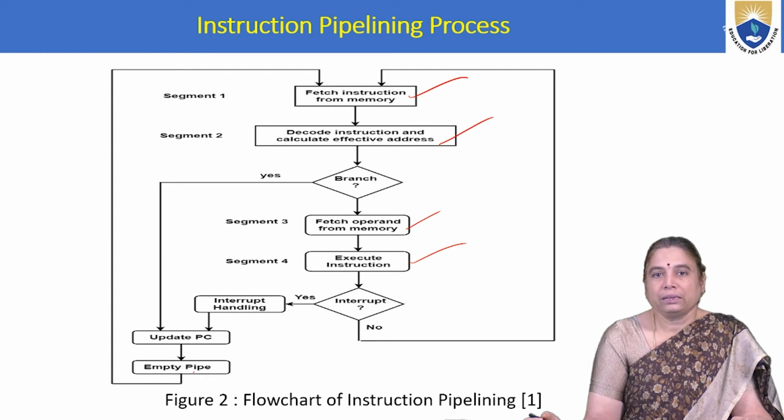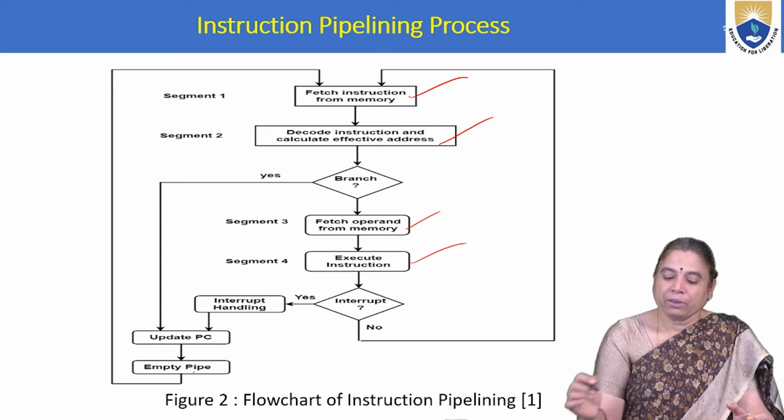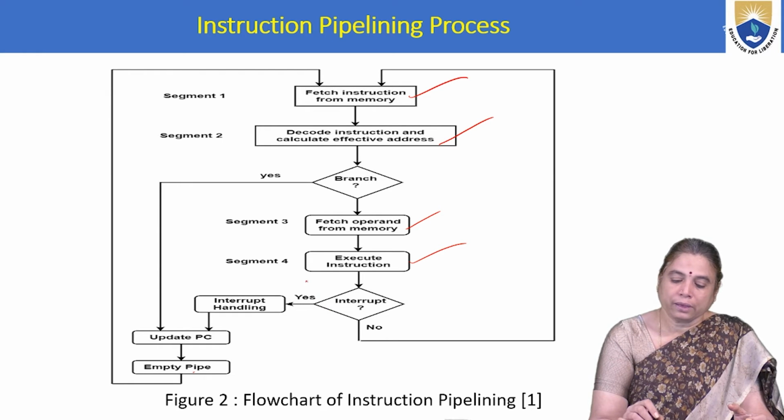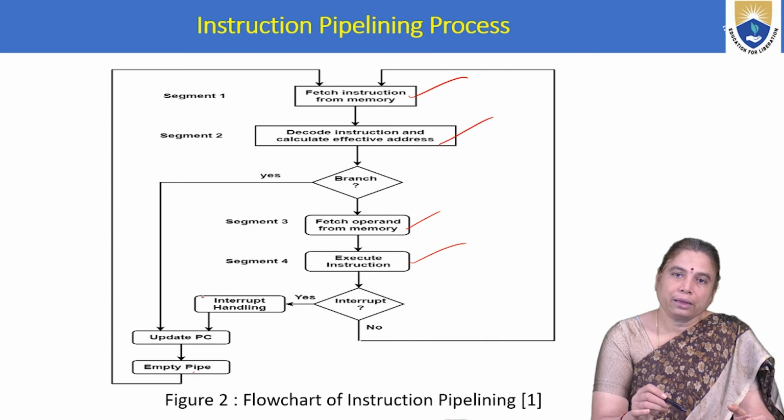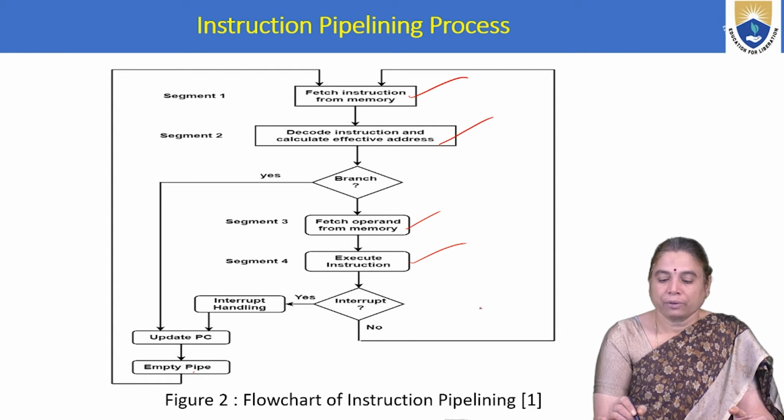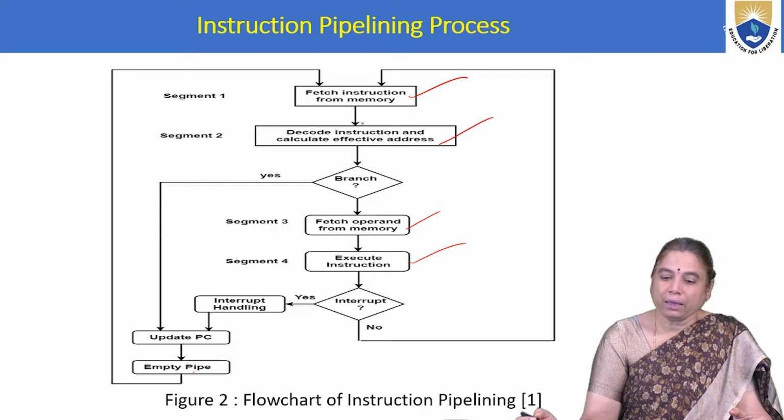At the end of each instruction, the interrupt cycle can be initiated and checked whether any interrupt has occurred or not. If any interrupt occurs, the interrupt service routine can be executed by updating the PC value and emptying the pipe. If no interrupt occurs, then the next instruction can be fetched.